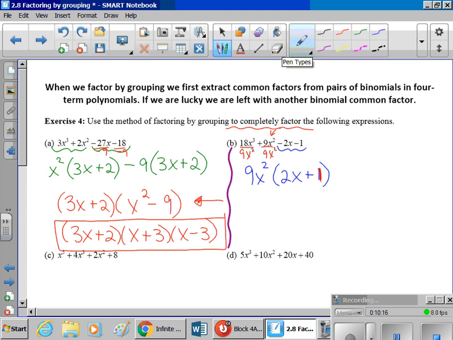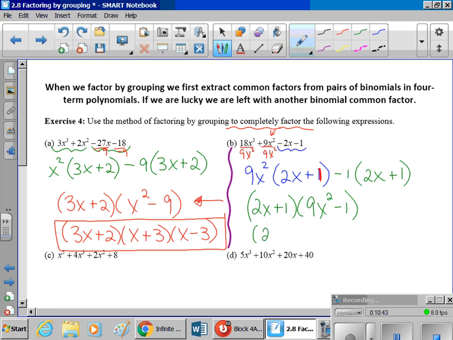Now the next part: if I want to keep a 2x plus 1 here, and I have negative 2x minus 1, I can factor out a negative 1. And that turns my negative 2x minus 1 into a positive 2x plus 1. So now I can factor out the 2x plus 1, and then what's left over? 9x squared minus 1.